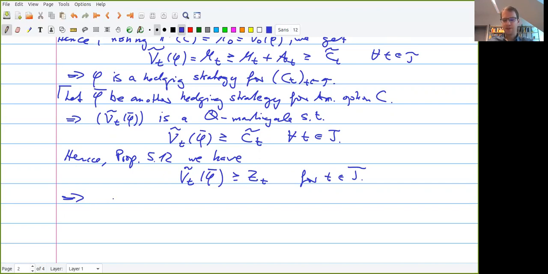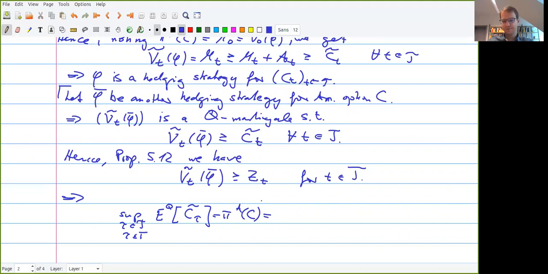So it's greater or equal than the price of the American option. So let me write this down. And so this is the price of the American option, if you like.